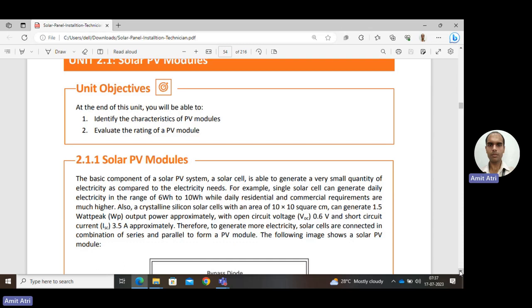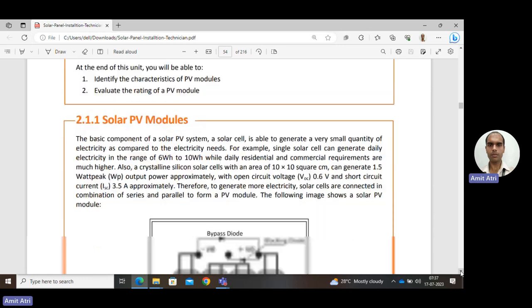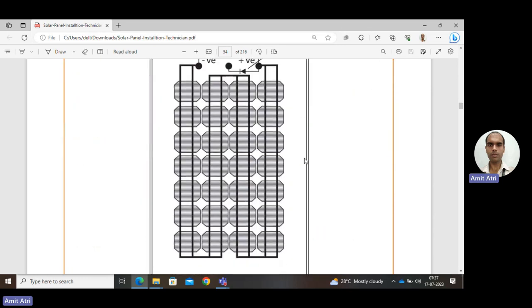So what is the solution? In that case, we need to connect several solar cells in series and in parallel, and thereby the solar module is formed. So here is a solar PV module.